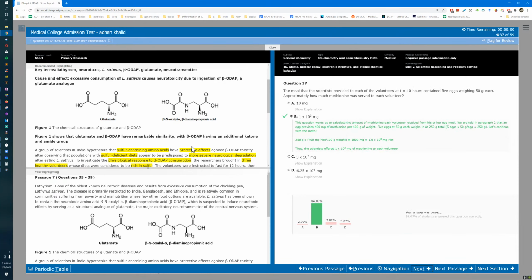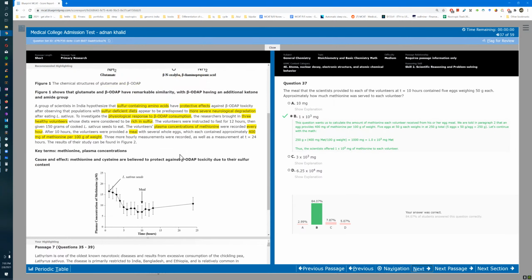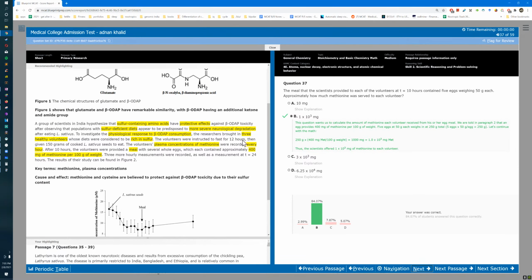This one, so I was able to look at this pretty fast. I know here that it says whole eggs each contain 400 milligrams of methionine per 100 grams of weight.